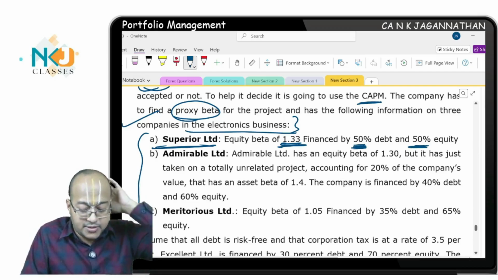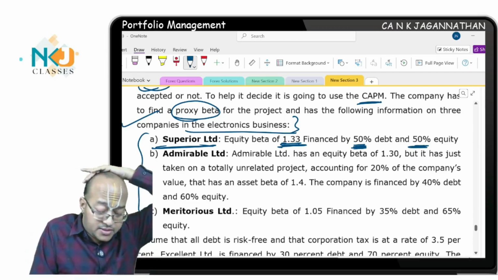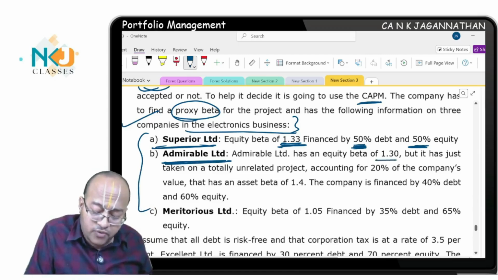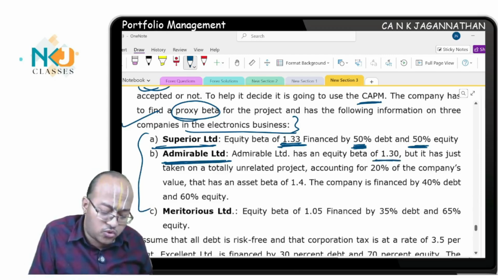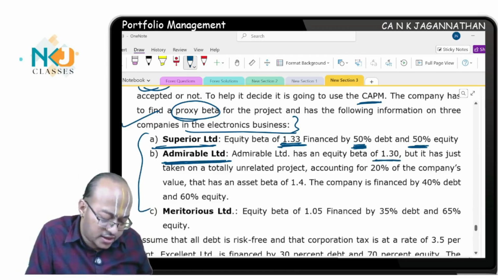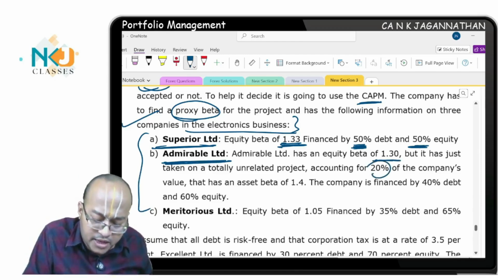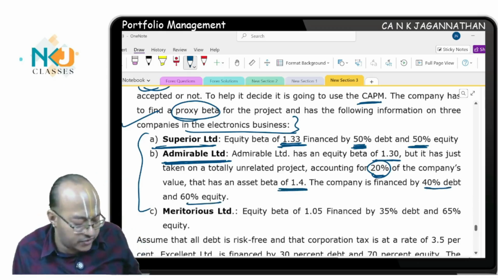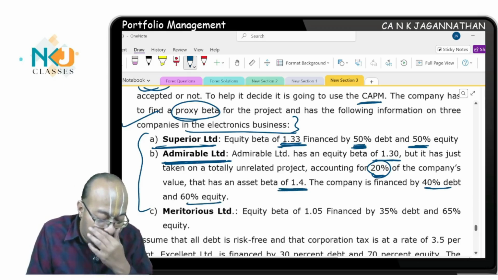Now thereafter there is Admirable Limited, which has an equity beta of 1.3. It has just taken on a totally unrelated project accounting for 20% of the company's value, that has an asset beta of 1.4. The company is financed by 40% debt and 60% equity. See, a totally unrelated project is there.